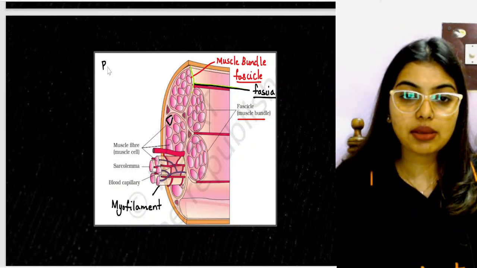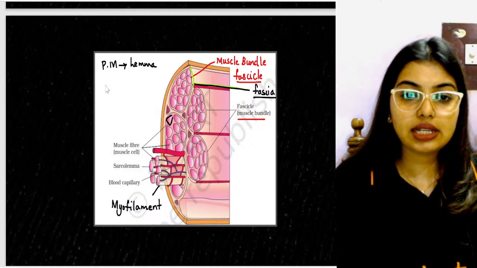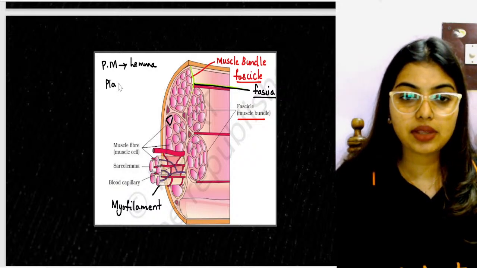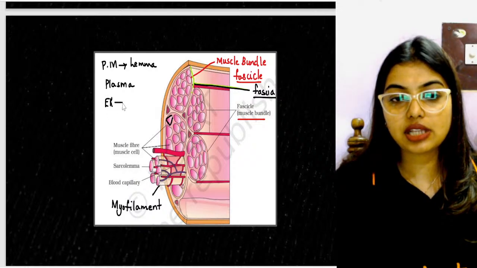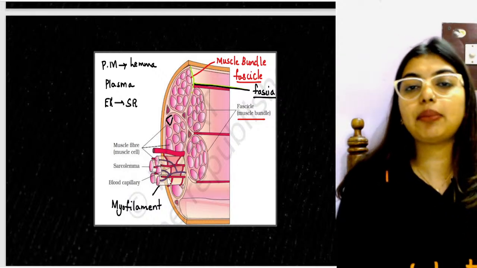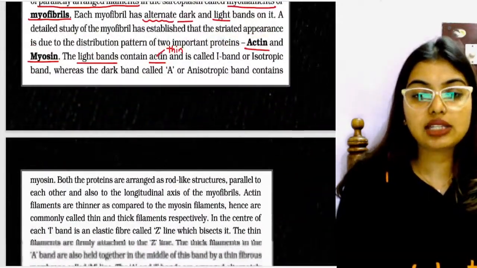The plasma membrane is called sarcolemma, and the inside layer with the cytoplasm is the sarcoplasm. Endoplasmic reticulum is going to be sarcoplasmic reticulum. All these terms we are going to write. You can see blood capillaries surrounding it. Obviously, everywhere in muscles, blood capillaries have to surround.